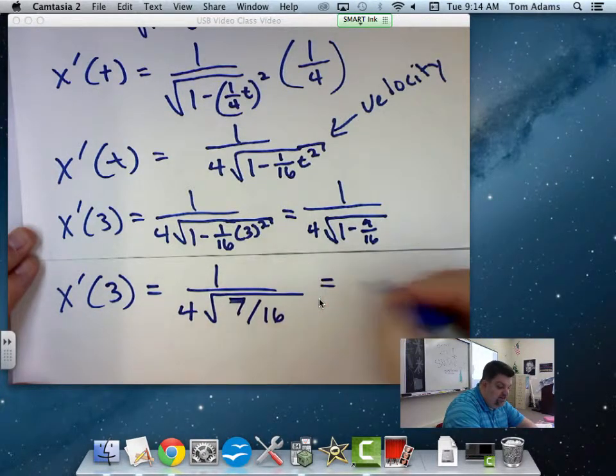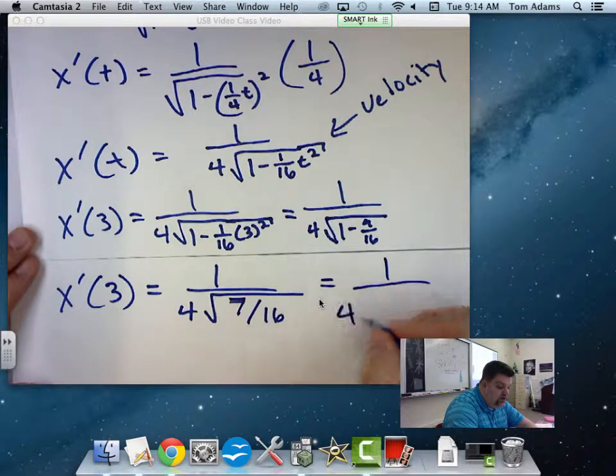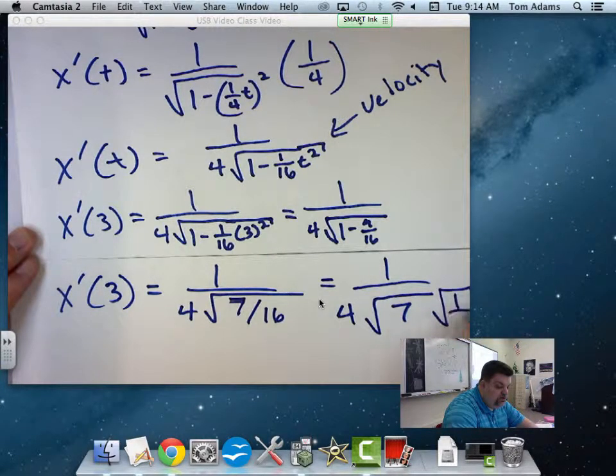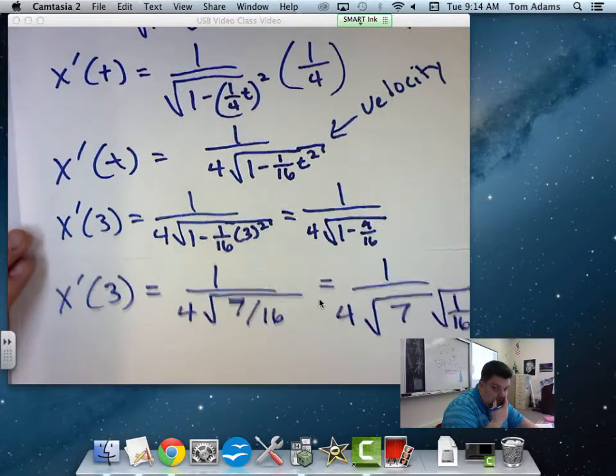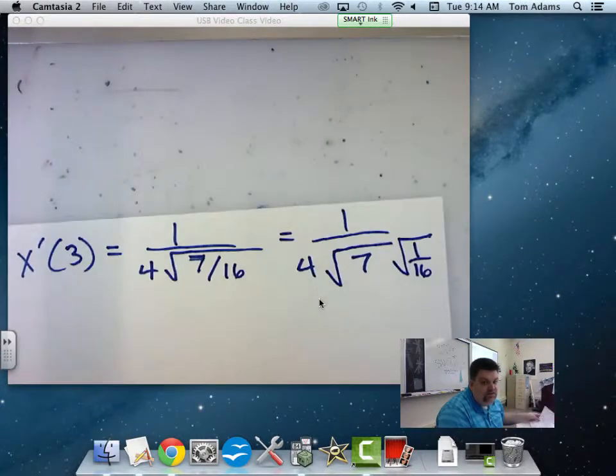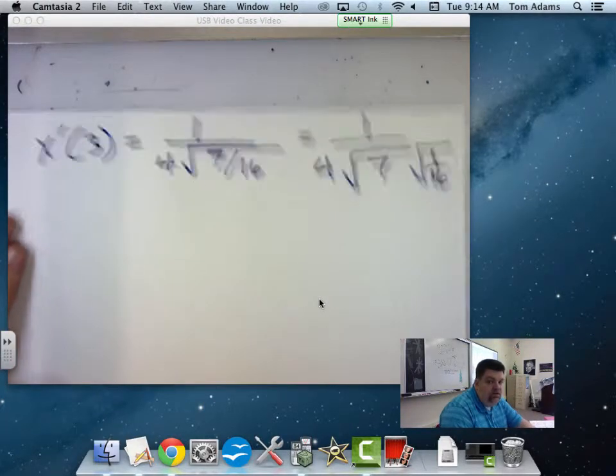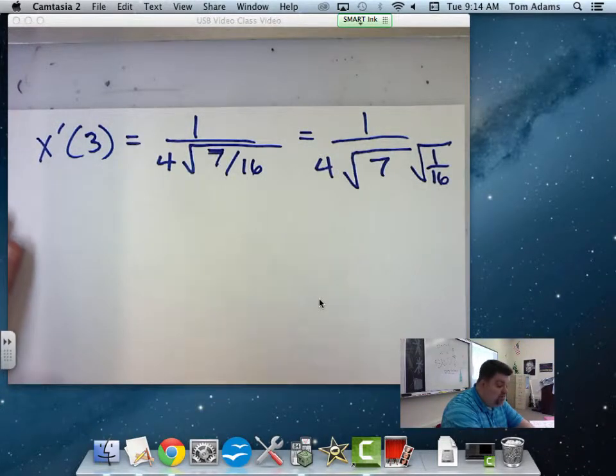Now I could think of it like this. 1 over 4, the square root of 7, right, times the square root of 1 over 16. You guys with me on that so far? Yeah, so that just becomes 1/4.